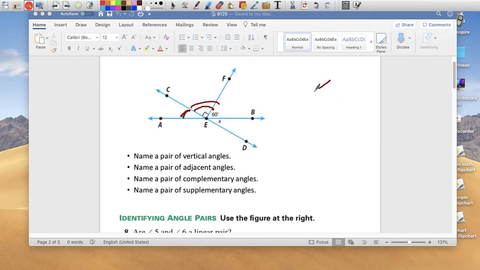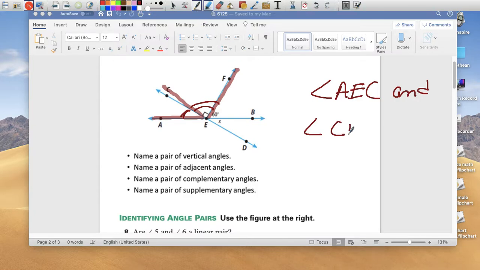So let's call that angle AEC, and again, I'm going to highlight that, this one and this one. And then the other angle is angle CEF, right?